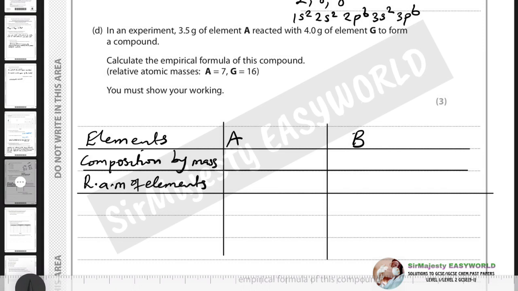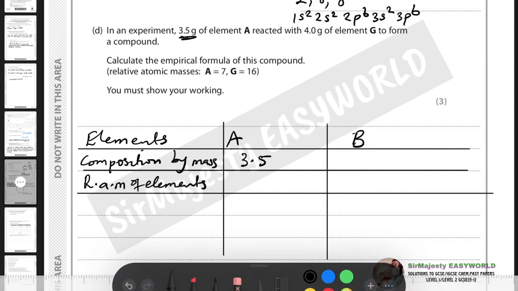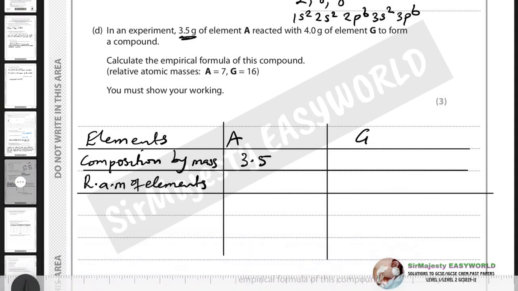It gave it to us. A is 7, but let us fill the composition by mass. In the experiment, 3.5 grams is for A, it is in the question. They gave it, as you can see there. That's 3.5. Then element G. Okay, this is G and not B. Solve in terms of G. Element G, the composition by mass is 4.0 grams.